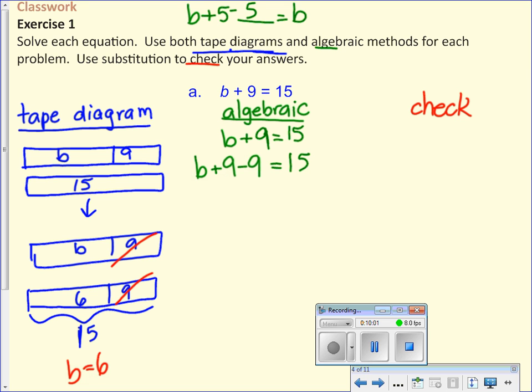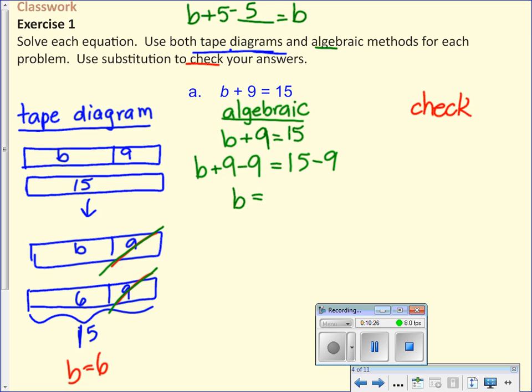What did I do down here? To keep them equal, if I take away 9 on the one side, I have to take away 9 on the other side. Okay? So b plus 9 minus 9 gives me my b back.